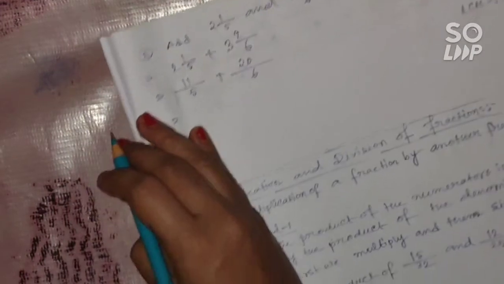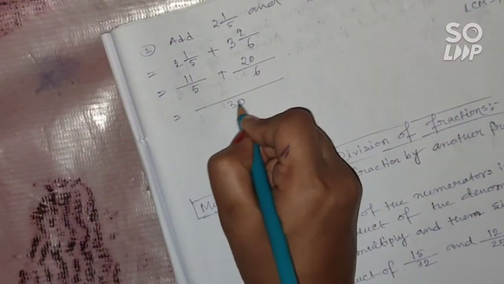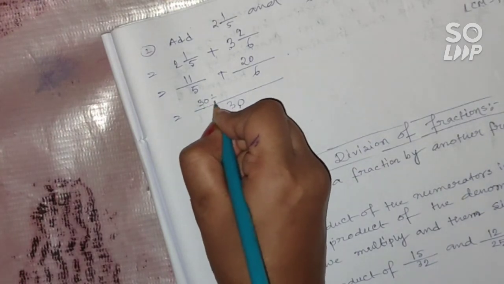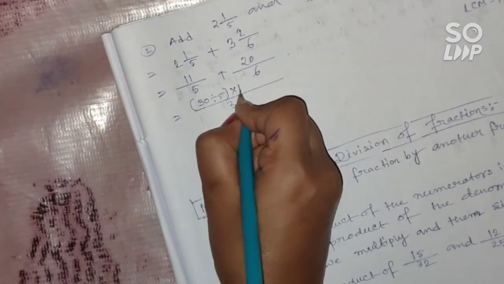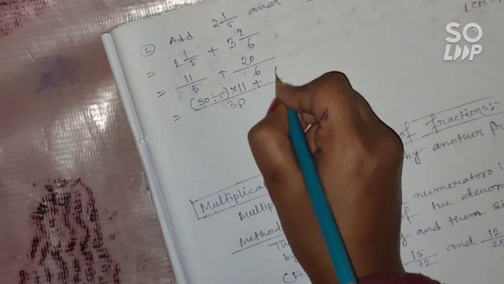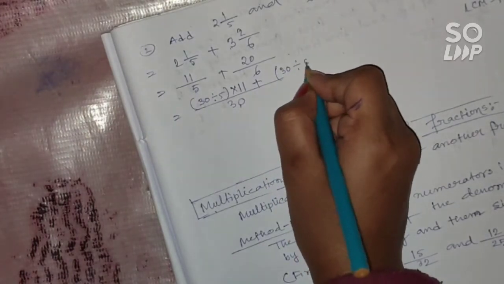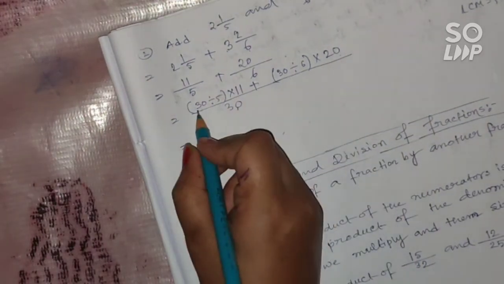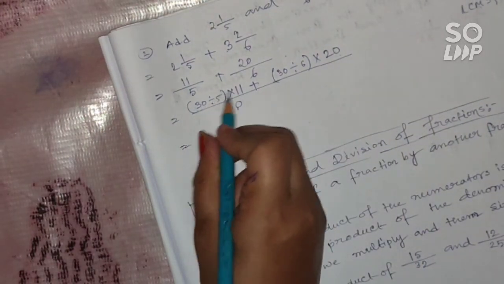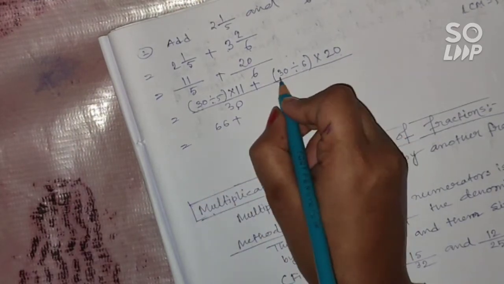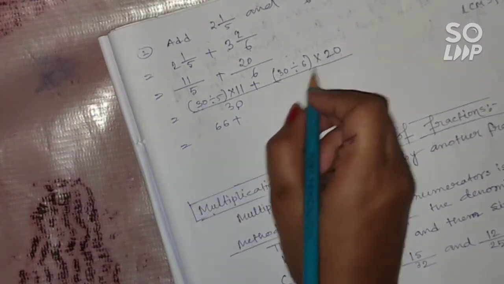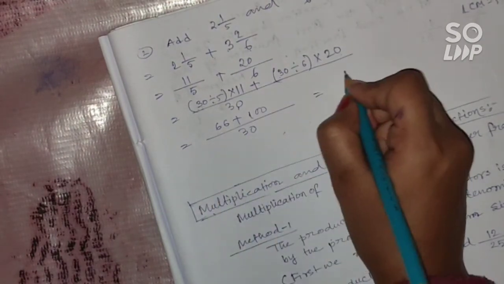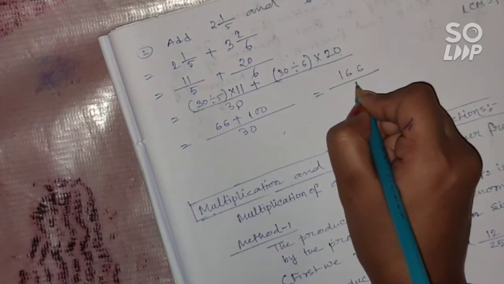Now you have to divide the LCM by the denominator. 30 divided by 5 multiplied by the numerator plus 30 divided by 6 multiplied by the numerator. 30 divided by 5 gives 6. 6 11s are 66. 30 divided by 6 gives 5. 5 20s are 100. Over 30. So that is equal to 166 divided by 30.